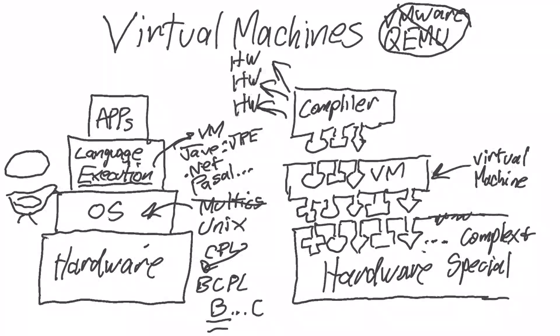Because only the virtual machine part, and I'm doing curly brackets here as kind of an inside joke, only the virtual machine has to be created for different target hardware. And then they could use the compiler to compile the operating system for the hardware.